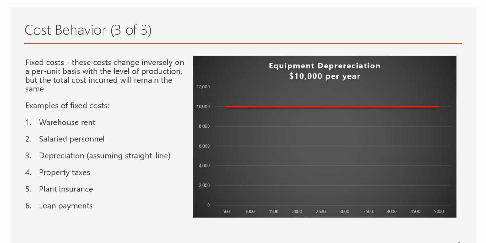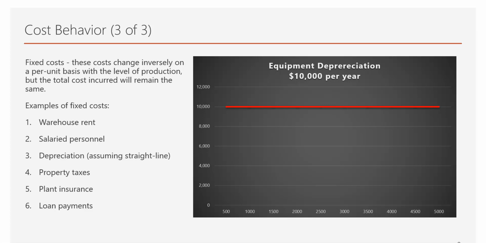Let's take a look at equipment depreciation. Let's say that our company, XYZ company, has equipment and we're depreciating $10,000 per year using straight line. Well, if I make 500 units of something, how much is my depreciation on a per unit basis?